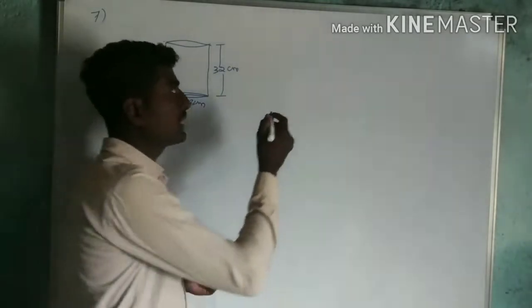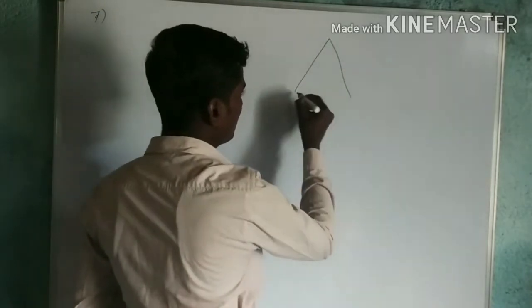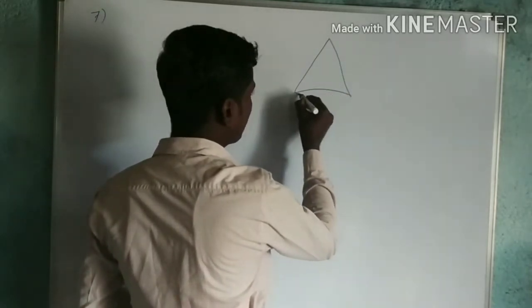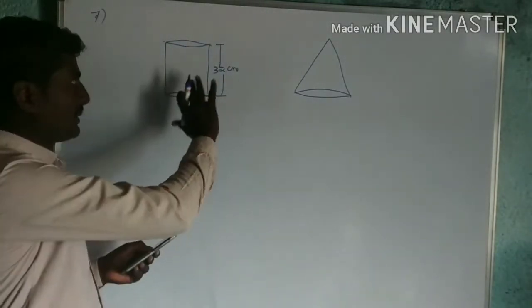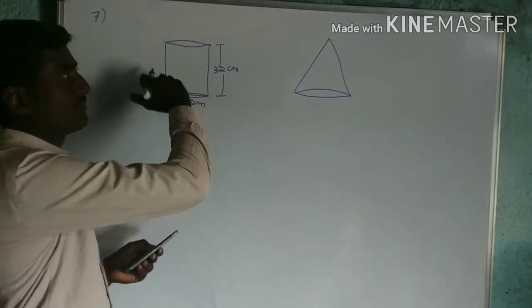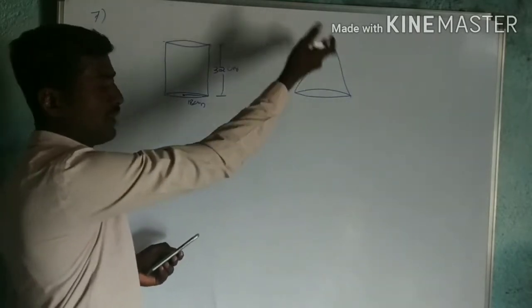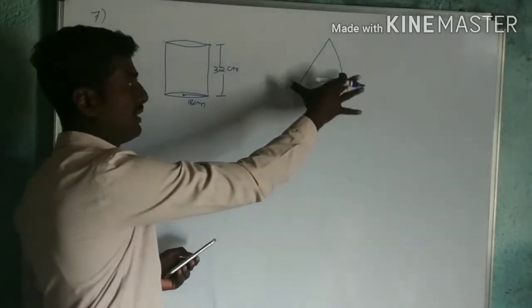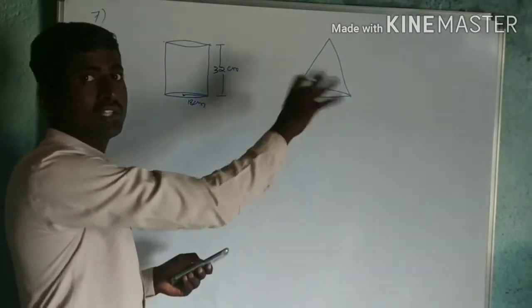That is conical heap. So let us form this. So that sand will be in this form. Now I will empty this bucket by adding this sand on the ground. That sand forms the conical heap on the ground.